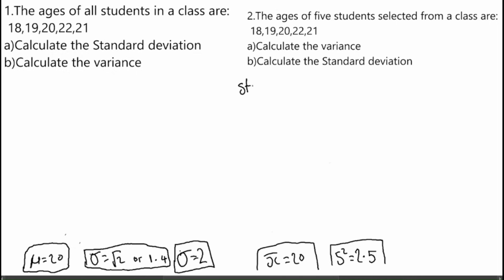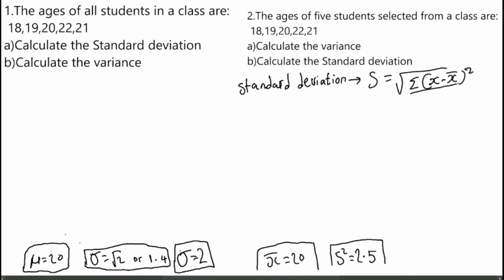So to calculate for the standard deviation of the sample, S is equal to the square root of the summation of x minus sample mean square divided by n minus 1. So the standard deviation S is equal to the square root of S squared, that is the variance.